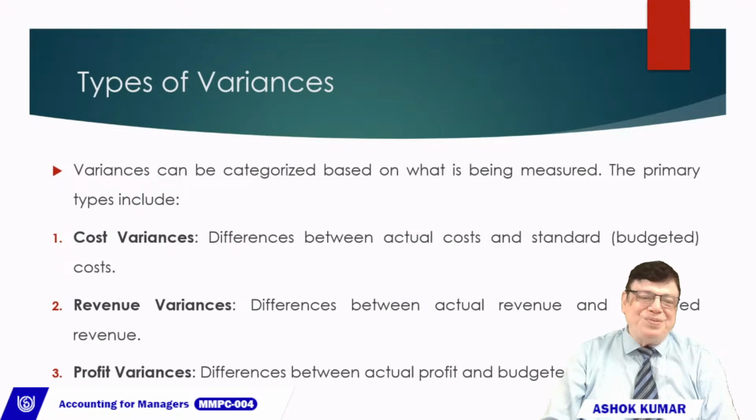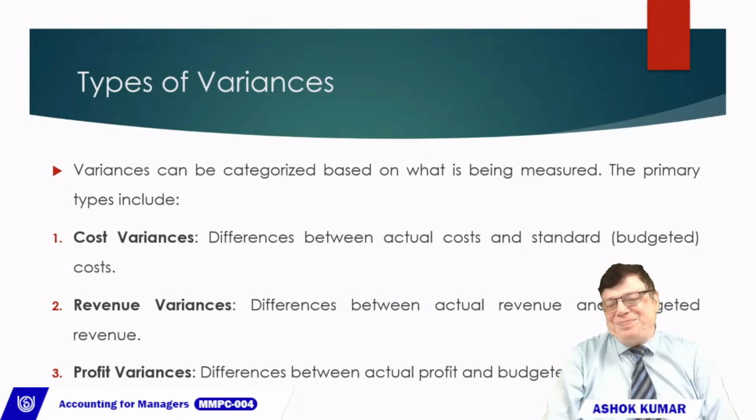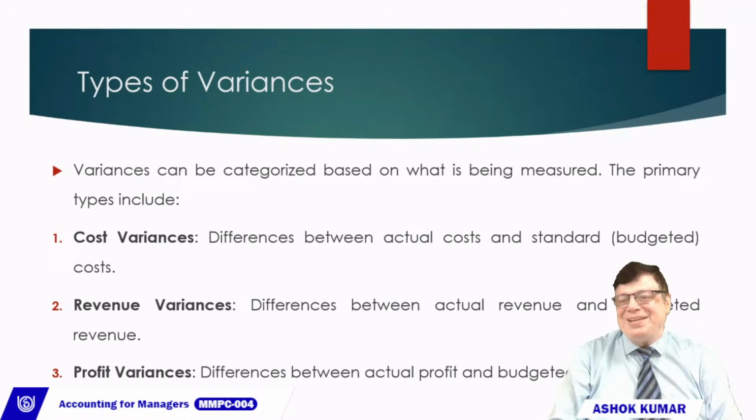Then revenue variances, the difference between actual revenue and budgeted revenue, say actual sales and projected sales.